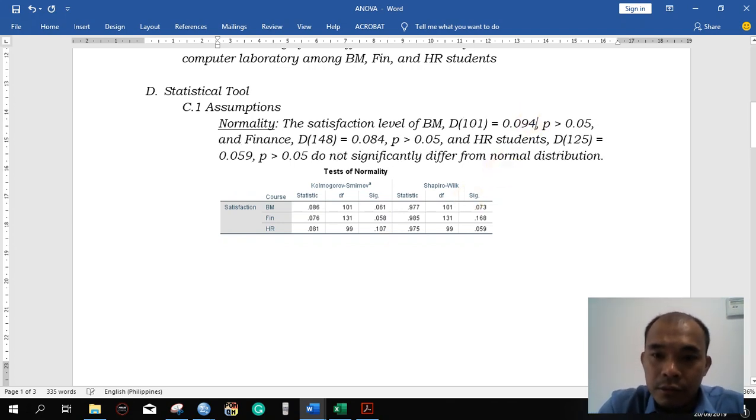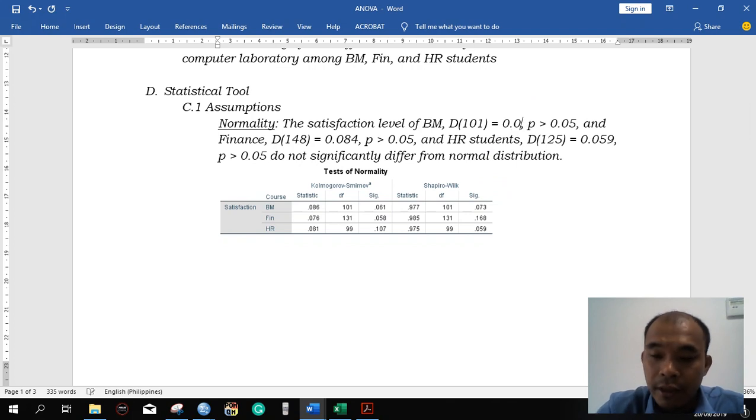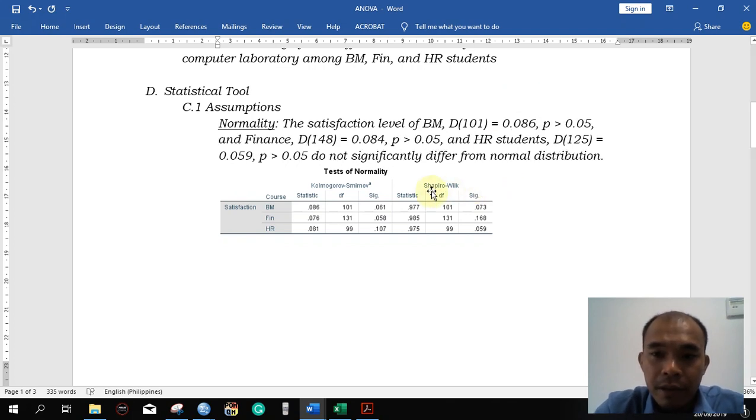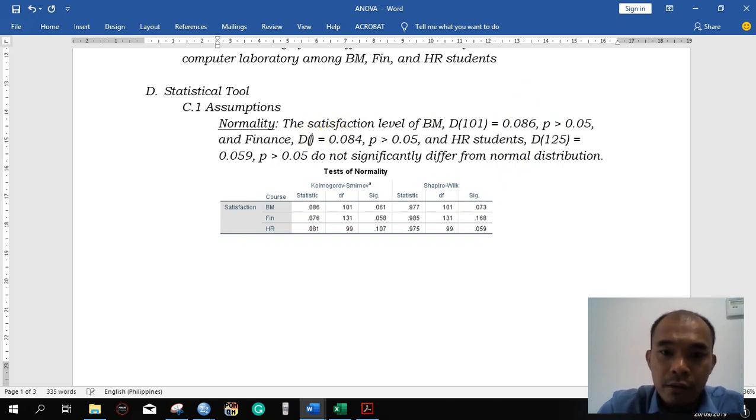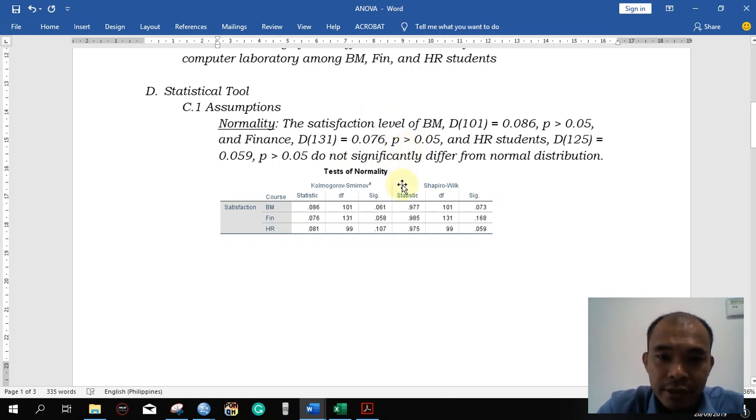The statistic is 0.86, and the p-value is greater than 0.05. For finance, the degrees of freedom is 131, the statistic is 0.76, and the p-value is greater than 0.05.